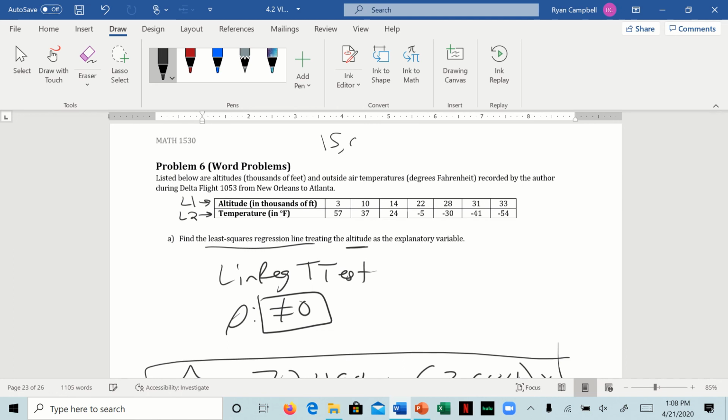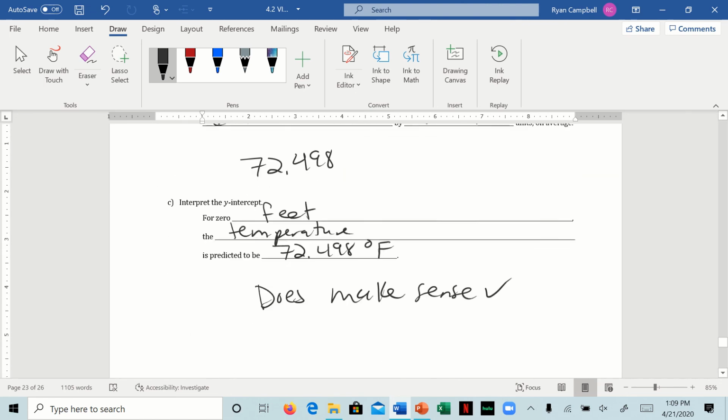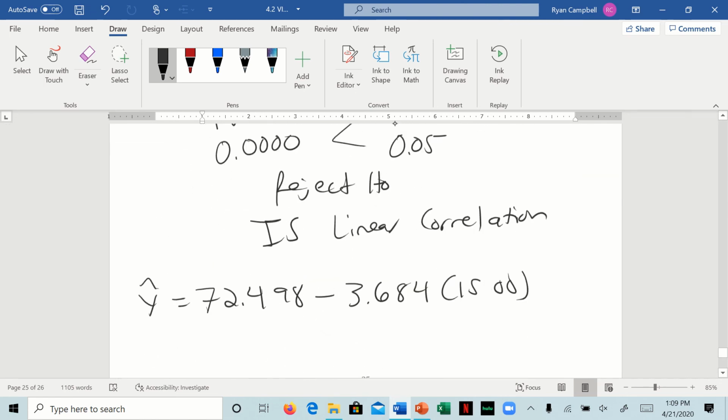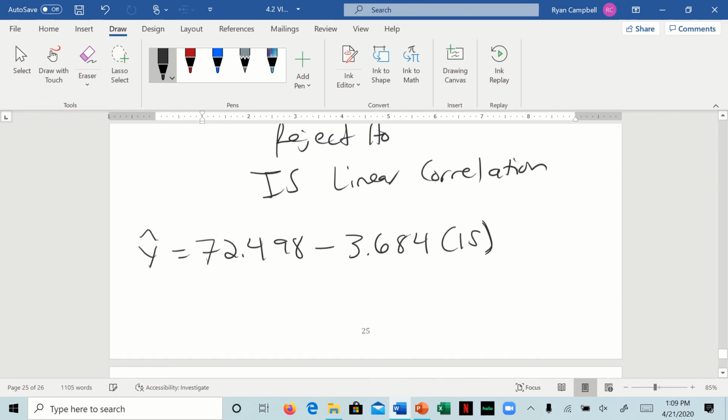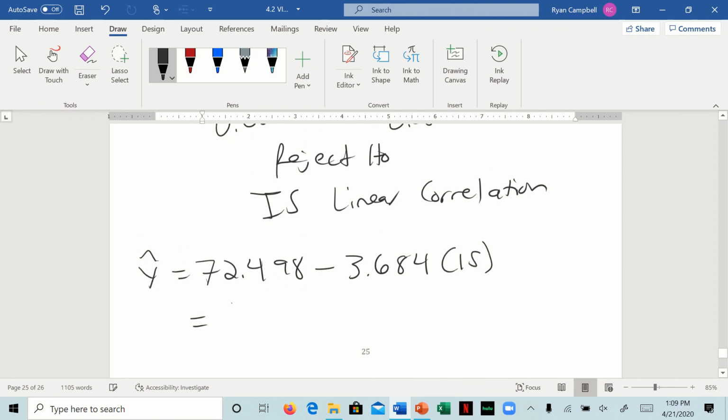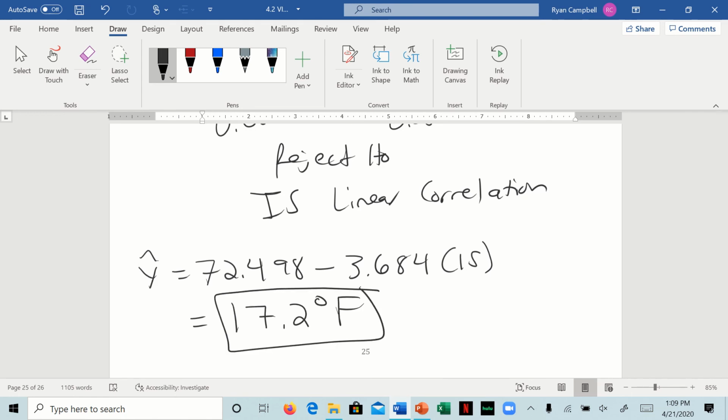So if you wrote 15,000 into our altitude, that's 15 million. We are not 15 million feet above sea level. So what are we going to write? It'll just be 15, because it's already in thousands. So we're just going to write 15 for this problem. And when we do that, we see that we are at 17.2 degrees Fahrenheit.